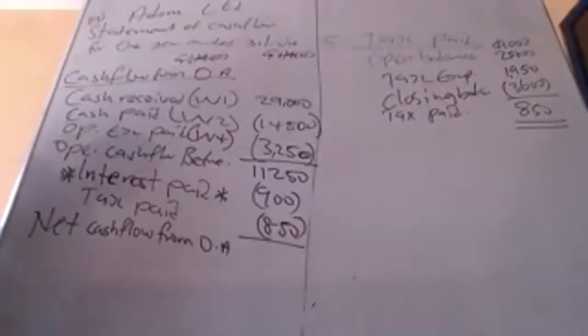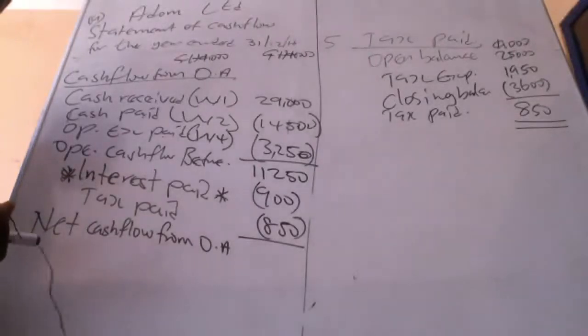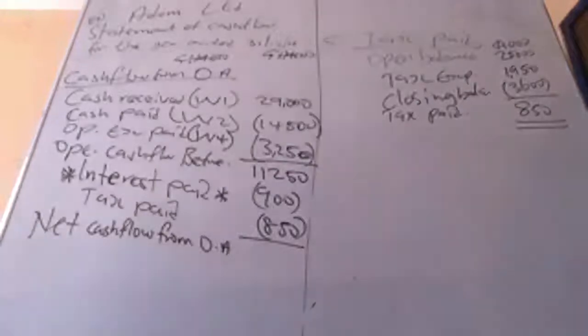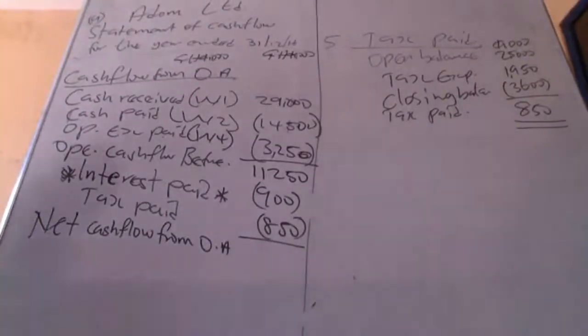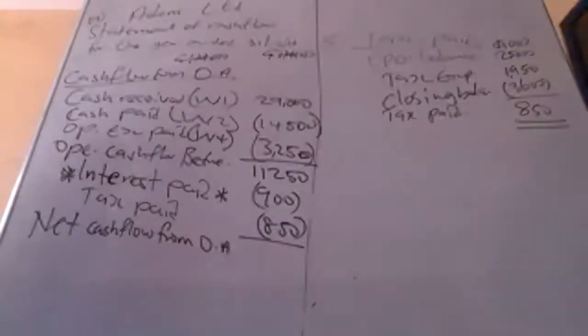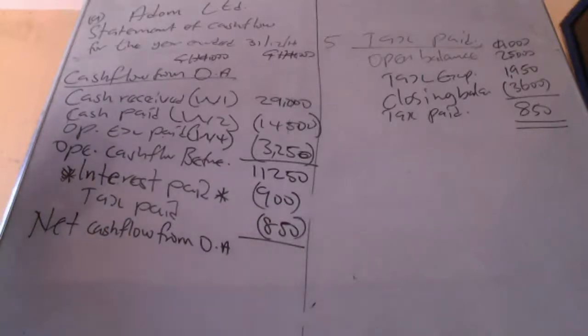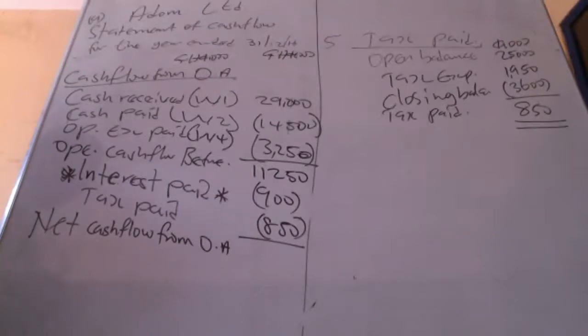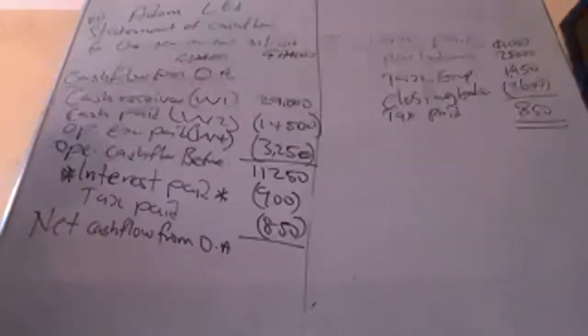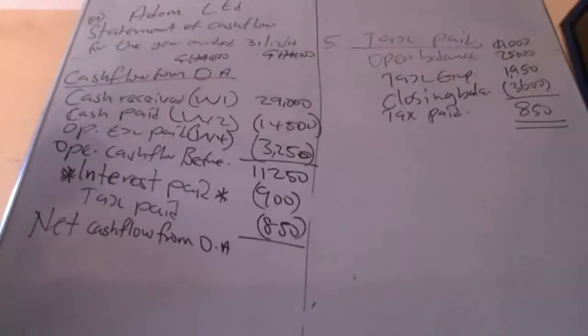OA, operating activity. So net cash flow from the operating activity. Who can tell me the answer? Okay, Madam Annette, if you can give me the answer, I'll be happy.